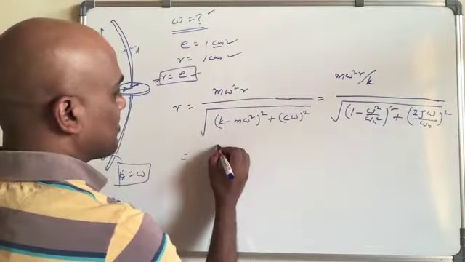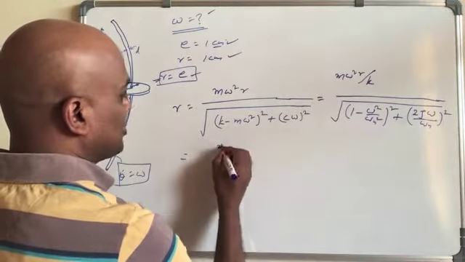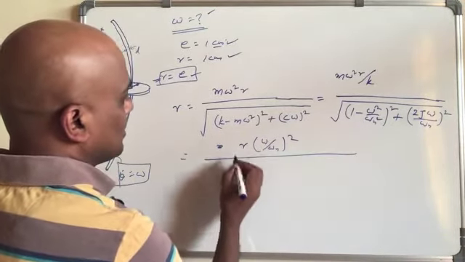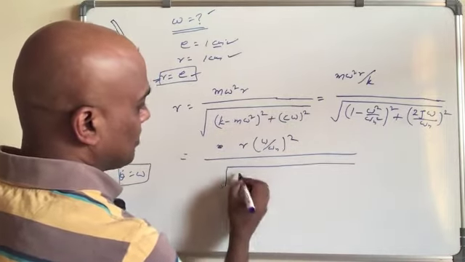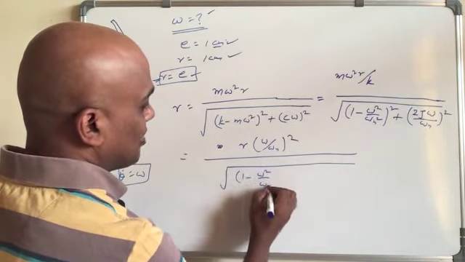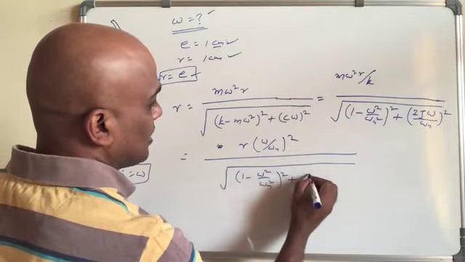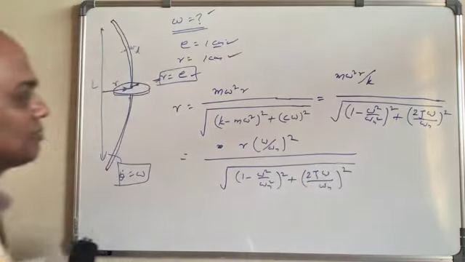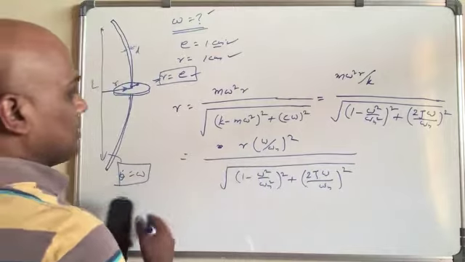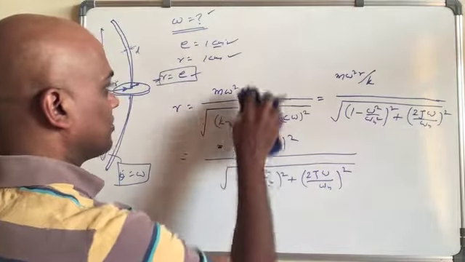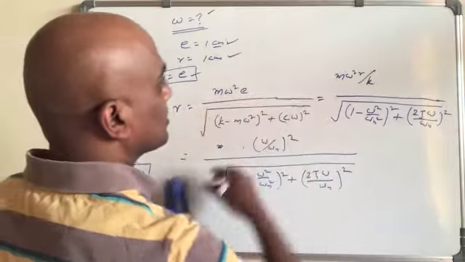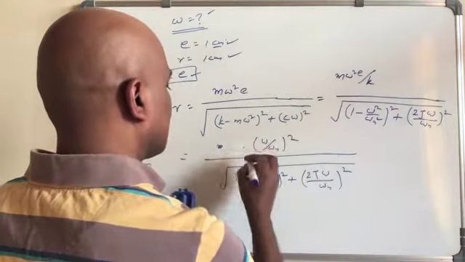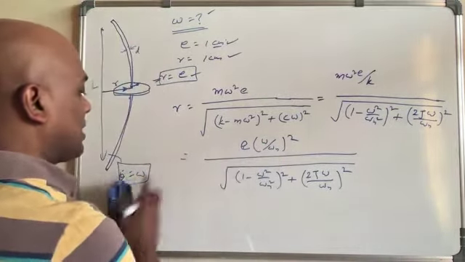Or we can write k over m is omega n square, so it becomes r omega over omega n square divided by the whole thing. So this becomes 1 minus omega square over omega n square plus 2 zeta omega over omega n square, like that. Okay, so the eccentricity is E. E times like that. So this is R equal to like this.